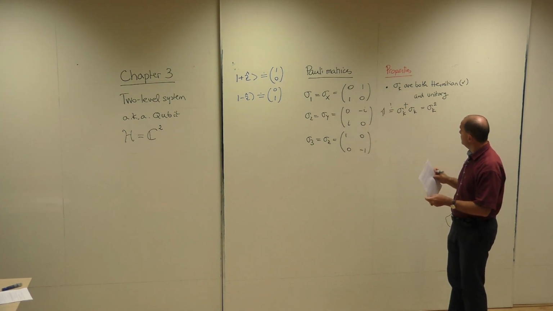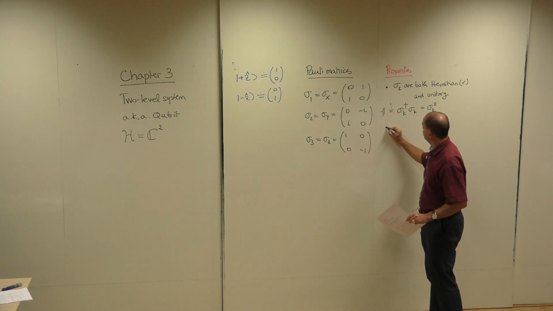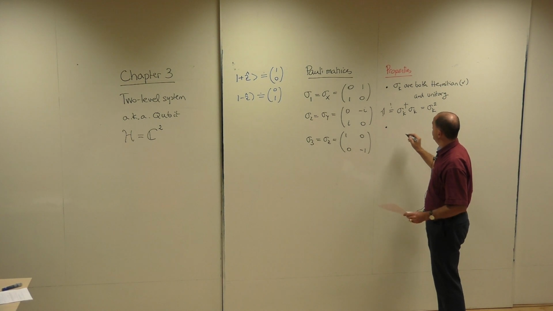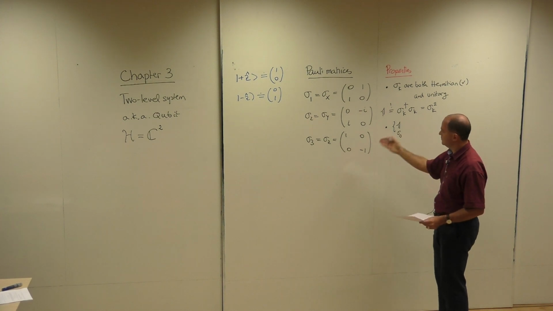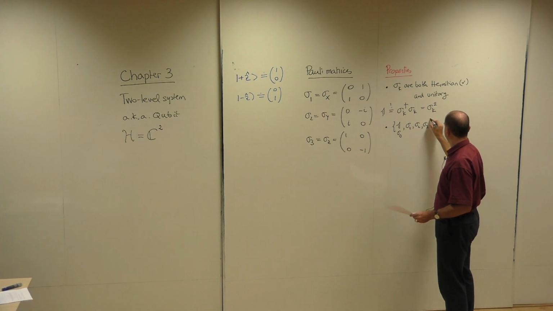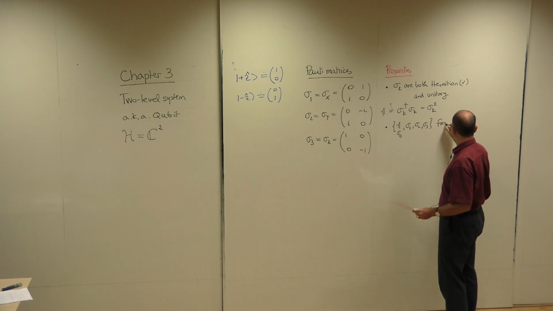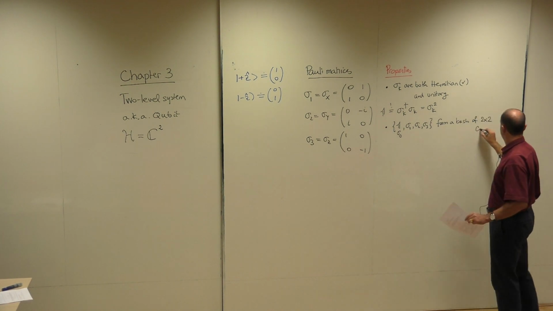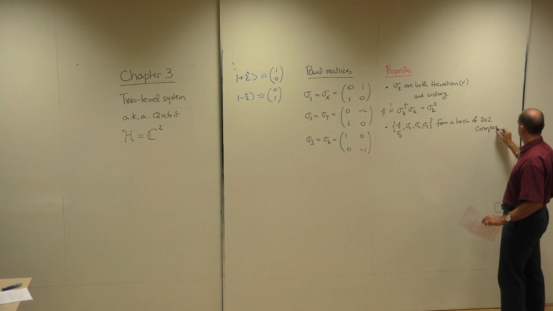Second property. The three Pauli matrices plus the identity, so the identity, sometimes written sigma 0 for obvious reasons, sigma 1, sigma 2, and sigma 3 form a basis of 2 by 2 complex matrices.